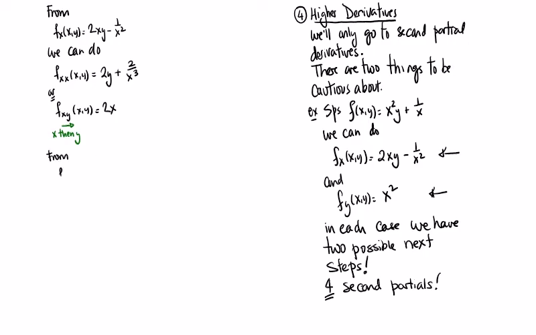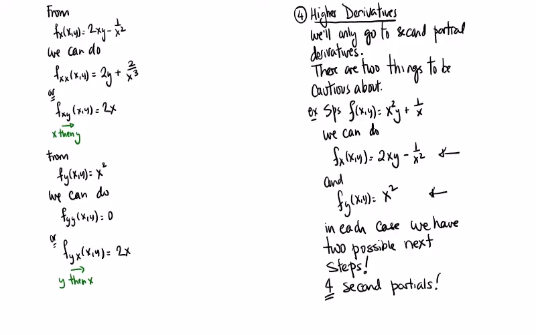Or, from the other one, f sub y of x, y, which was x squared, this is really easy, we can do either f sub y again, which would be 0, or we could do y and then x. So again, the key thing to see here is we're doing y then x. And if we do that, we get 2x.